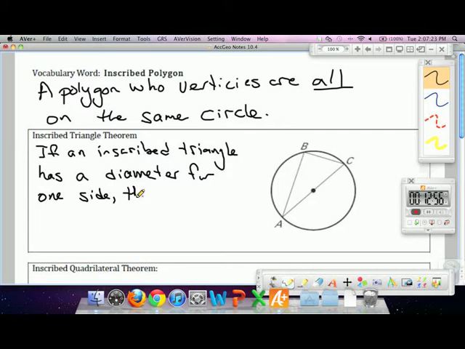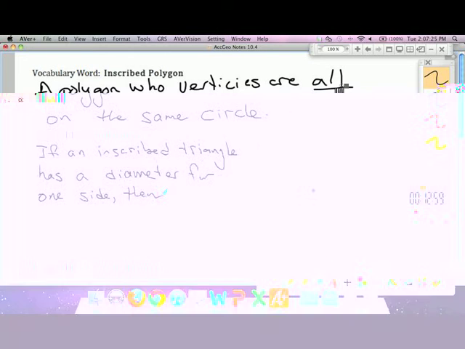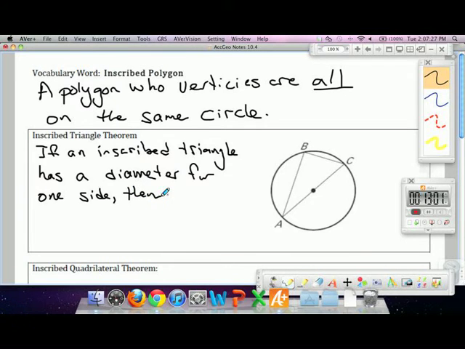Triangles in general can be inscribed, and that's cool. But a specific instance of an inscribed triangle is the following. What if we have a triangle that's inscribed, so the three vertices lie on a circle, and we also make one of the sides a diameter?